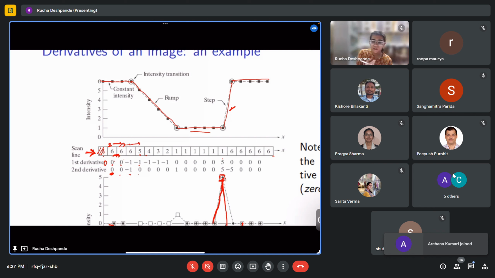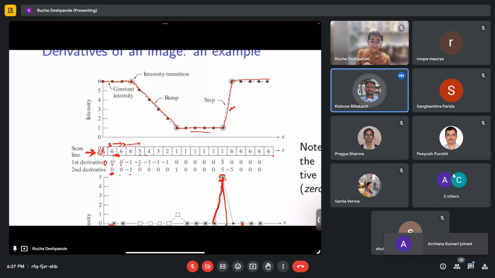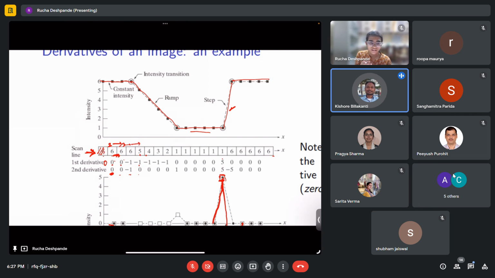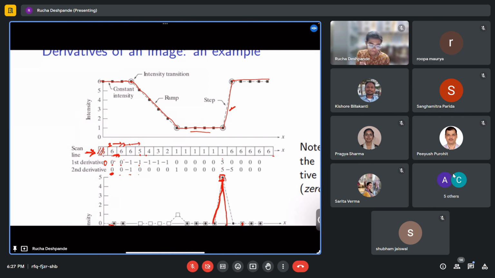So yeah, you're right. I understood that, but I'm just trying to understand myself how to calculate the derivatives. So you understand the concept, right? Right. They did the pixel shifting, and the second derivative should be calculated based on the difference of the first derivative. Yes. Okay, thank you. So you're right. If we have 0 0 in the second derivative, then there should be 3 zeros in the first derivative.